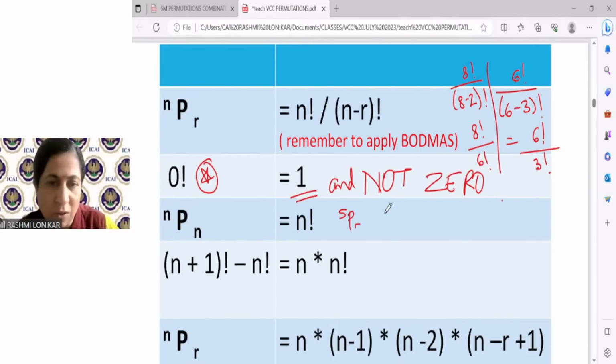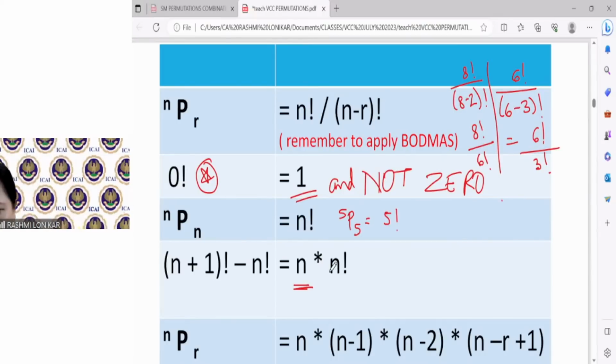This is equal to 5 factorial. Very easy to use, very handy to use in the exam and in practice also. Also, n plus 1 factorial minus n factorial is equal to n into n factorial. See, here there is no factorial on the n. This is simply the number n into n factorial. Okay.